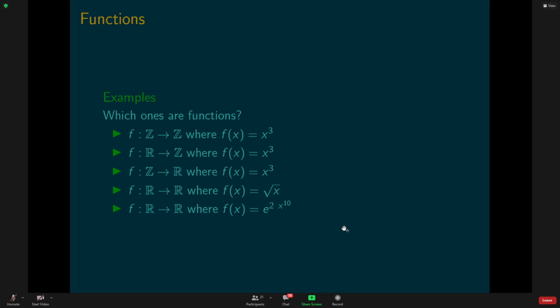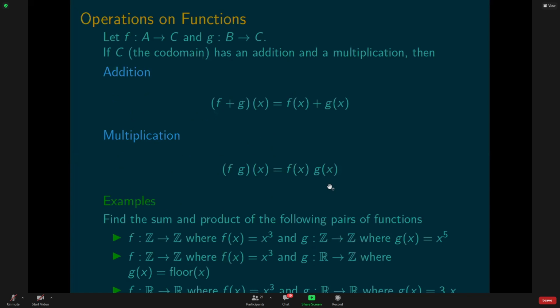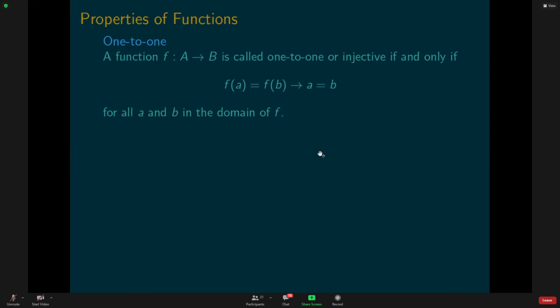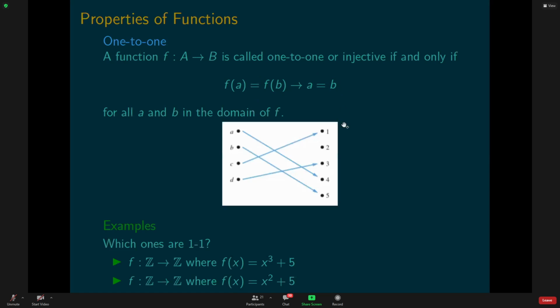You can play this game anytime in your own time, but remember we can add and multiply. More importantly, we have two properties for functions. A function is called one-to-one if whenever the images are the same, then the pre-images are the same. This means that we cannot have two elements go to the same element on the other side.